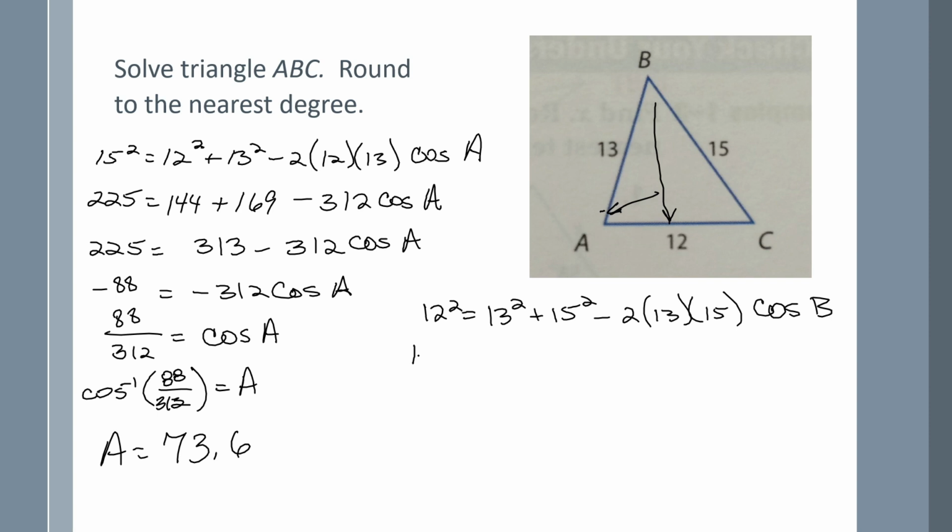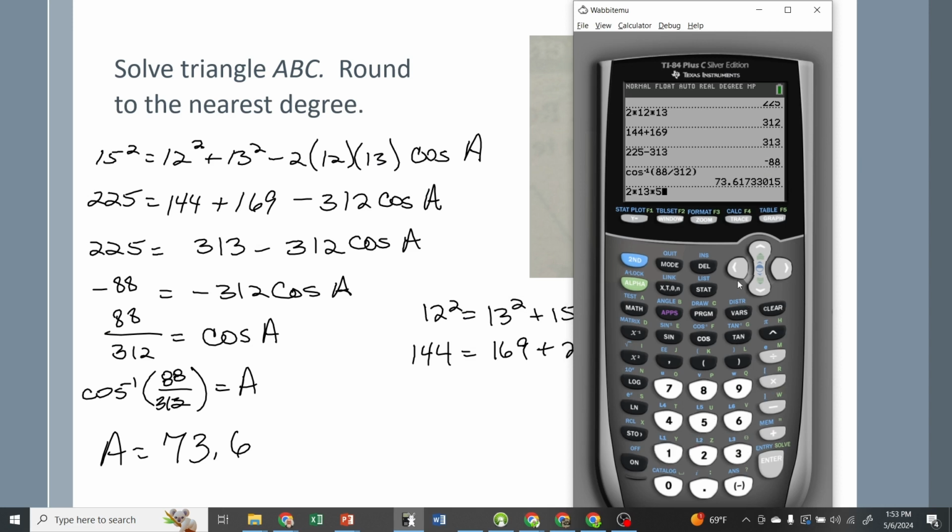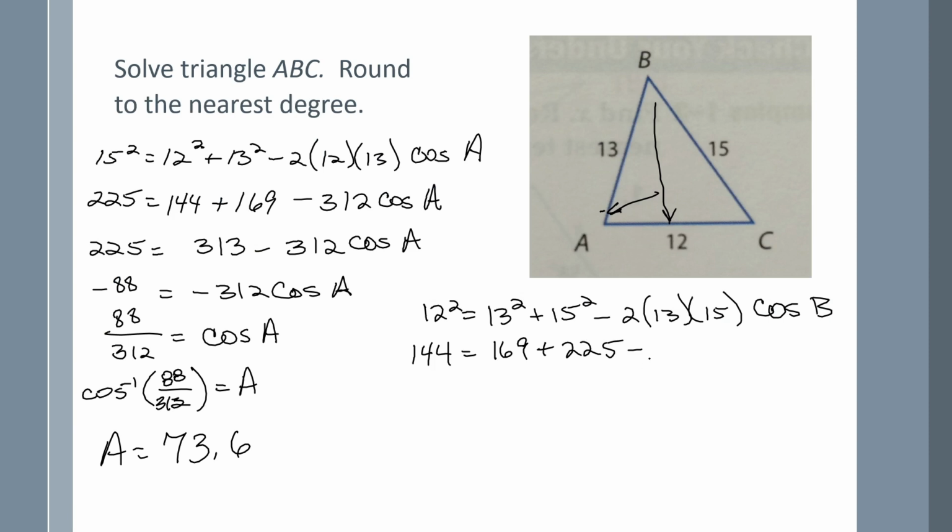So that's 144 is equal to 169 plus 225. I'm just using my numbers from the prior problem. I'm going to put this in the calculator. 2 times 13 times 15, not 5, 15. That's 390. Cosine B.